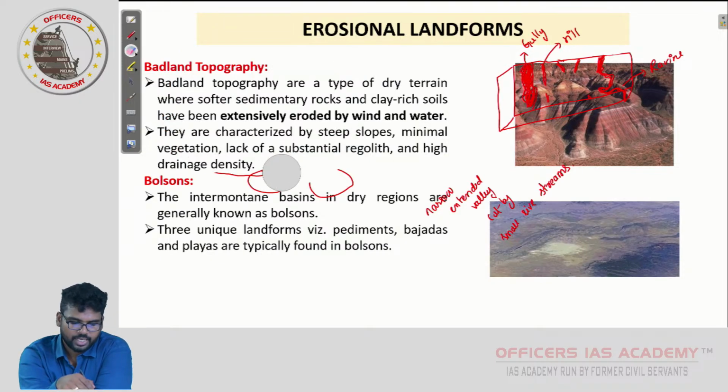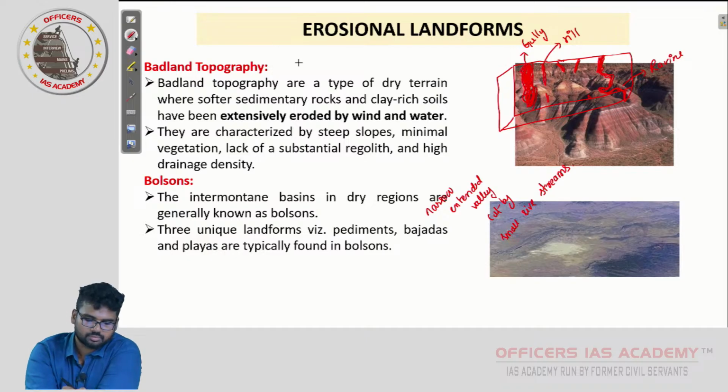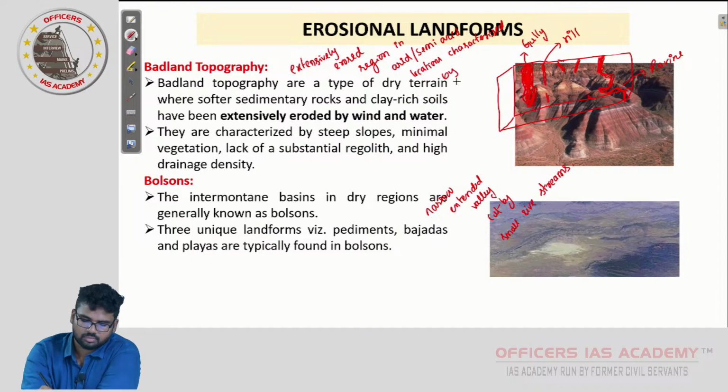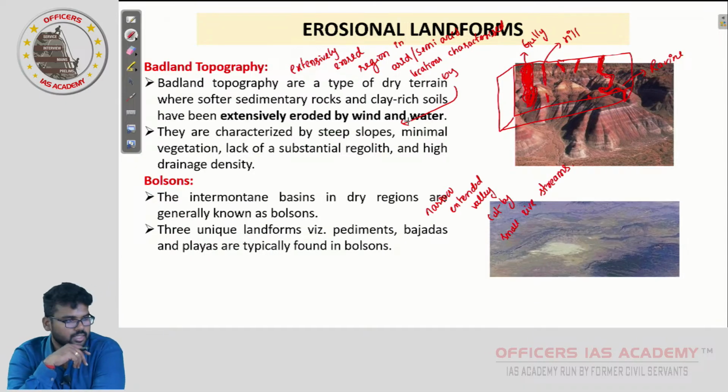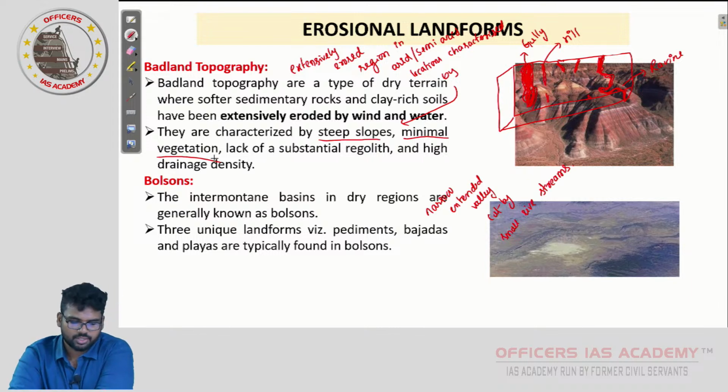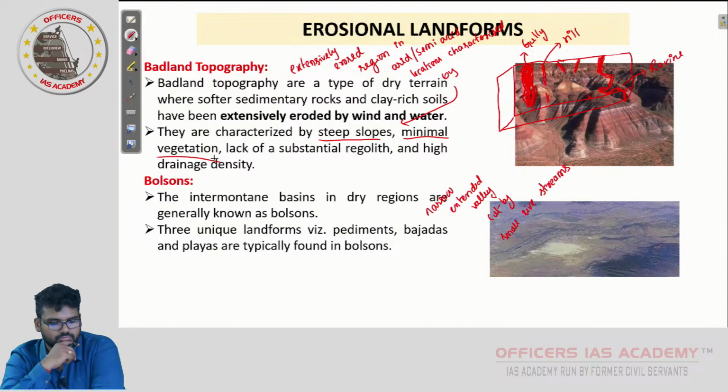Now we can write another one, badland topography. Please write, it is an extensively eroded region in arid or semi-arid locations characterized by steep slopes, minimal vegetation, lack of regolith.